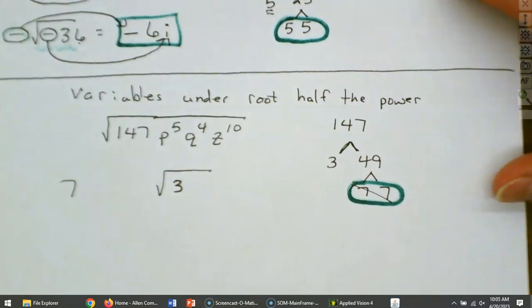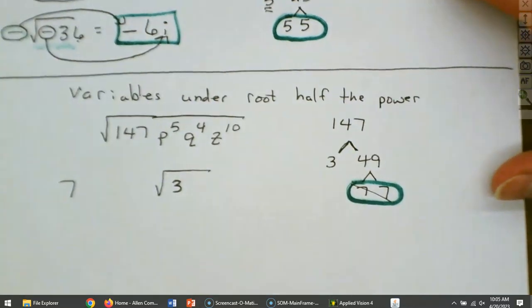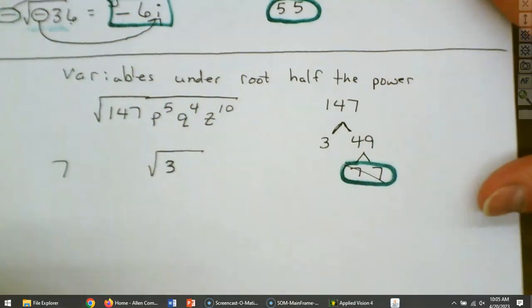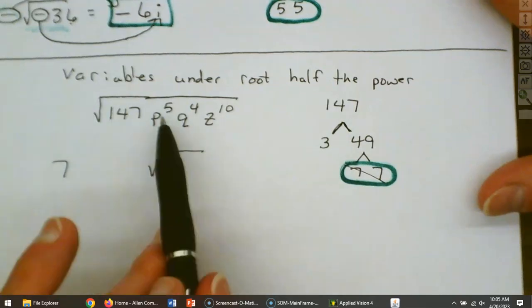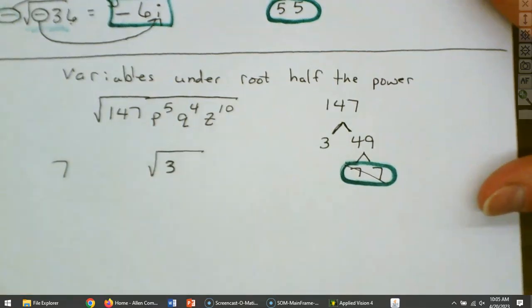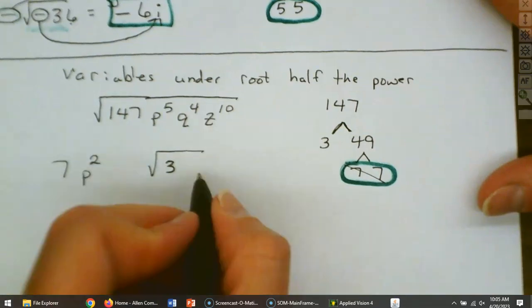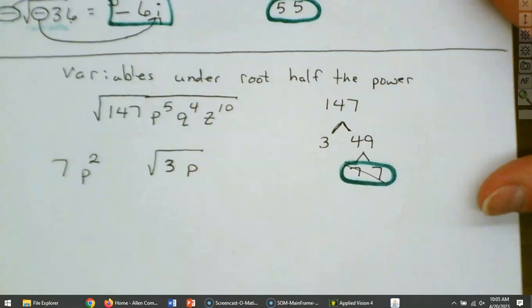So when we look at that p to the 5th, we can look at it either by circling it, writing it out, or by just dividing by 2. So if we divide by 2, that gives us our 2.5. So that means we have a p squared comes out, and a p is left over.